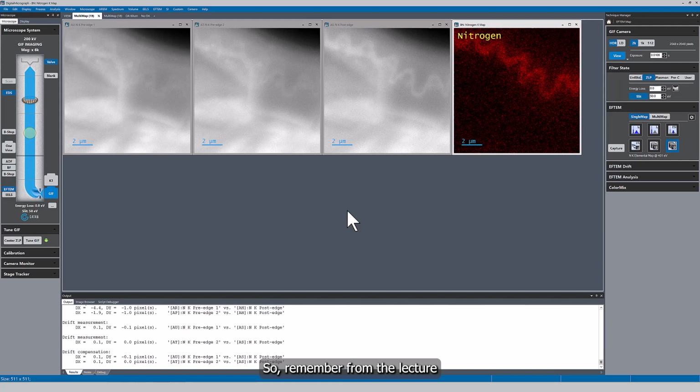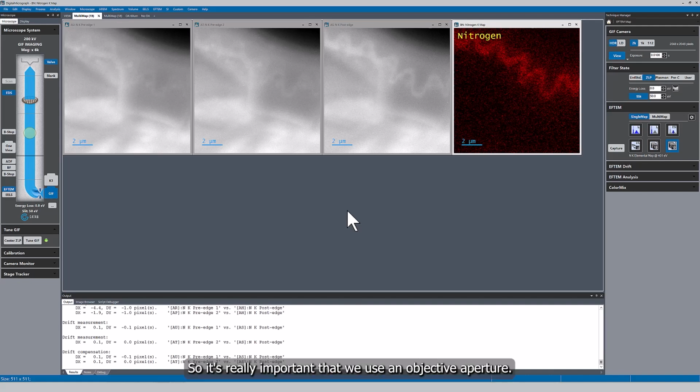So remember from the lecture the importance of chromatic aberration in EFTEM. Right now there's no objective aperture inserted, so beta, the collection angle, is huge. And remember how beta limits the chromatic aberration.